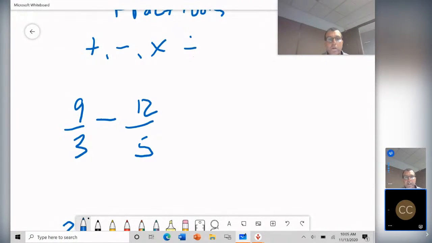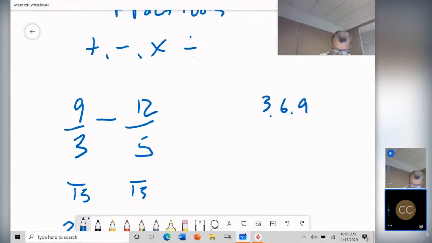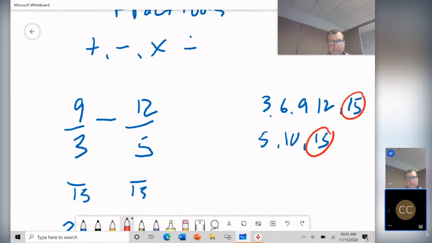Okay, once again, like I said, you can always multiply the two denominators. In this case, you're going to get 15. And this one happens to work out too, because if we do 3, 6, 9, 12, 15, and then do 5, 10, and 15, we get 15 is a multiple of both.